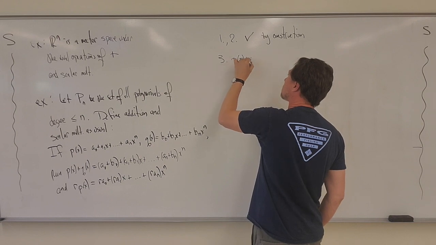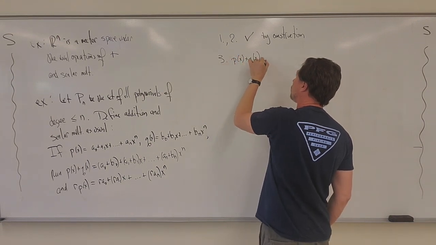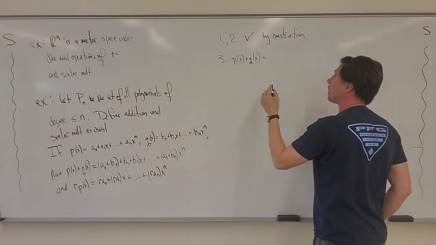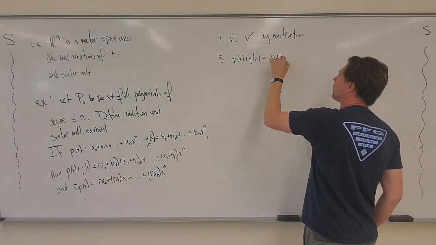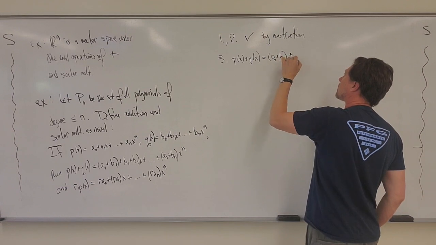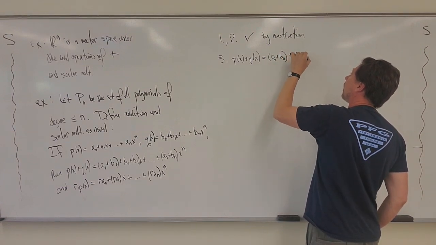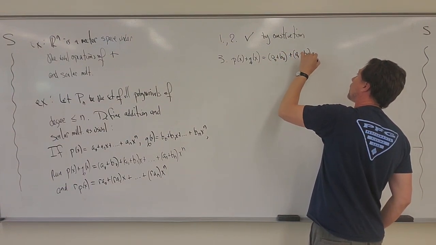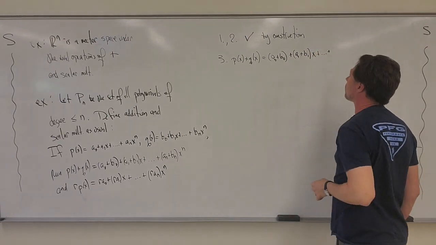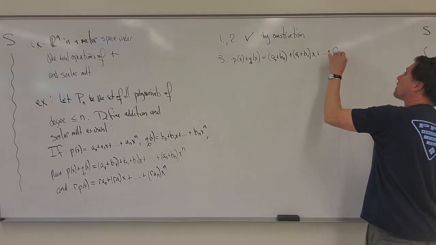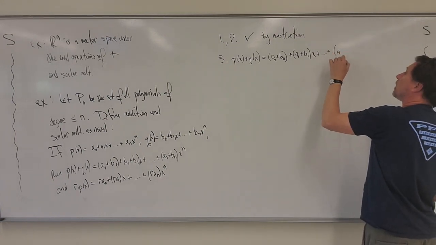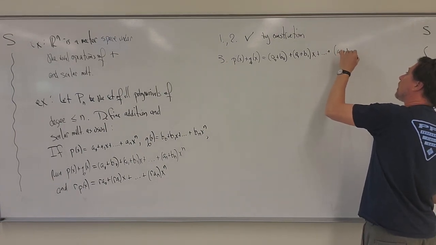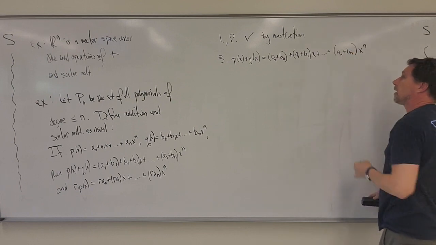So p of x plus q of x is, as I have written down here, (a0 plus b0) plus (a1 plus b1) times x plus dot dot dot plus (a sub n plus b sub n) x to the n.